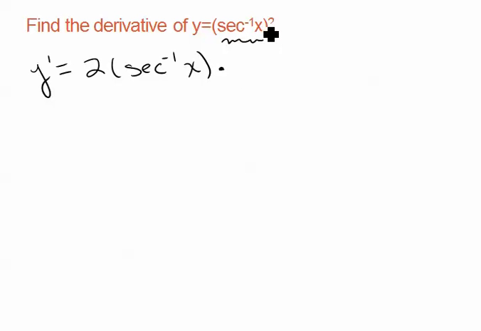So here's where we use the new stuff. Again, refer back to the table on page 151 and find the derivative of inverse secant. From your text, you can see that the derivative of inverse secant is 1 over the absolute value of x times the square root of x squared minus 1.